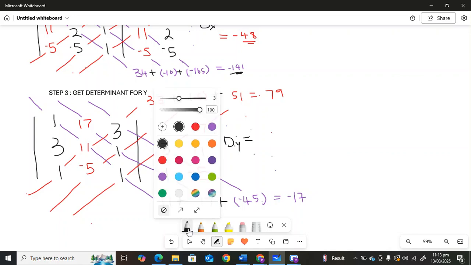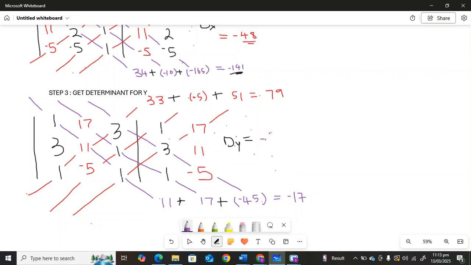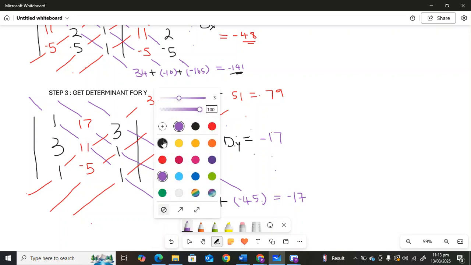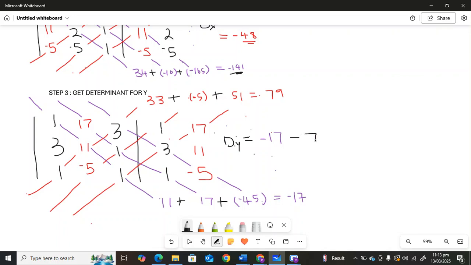So leading diagonal negative 17 minus trailing diagonal 79. So negative 17 minus 79, negative 96.